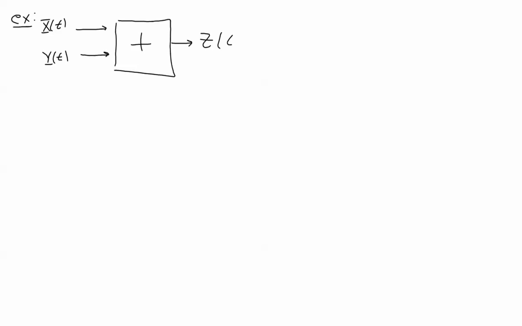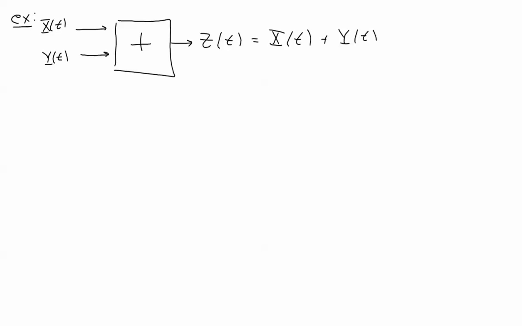What if I have an adder? Okay? And I have two random processes at the input, x of t and y of t. And the output random process, z of t equals x of t plus y of t. All right?